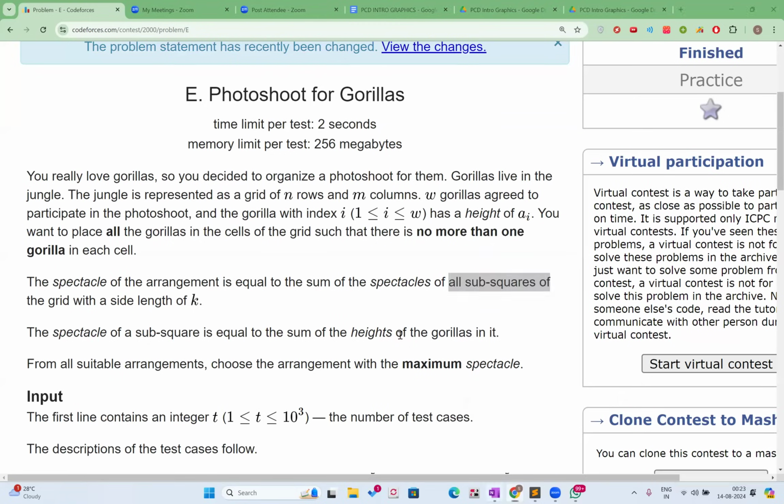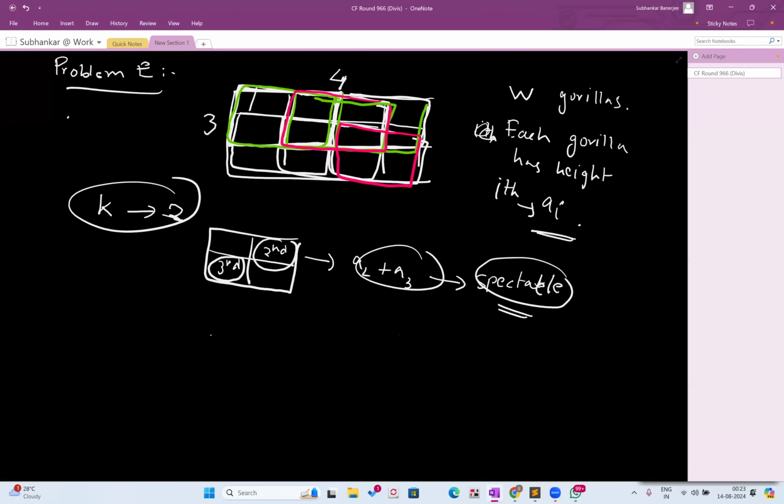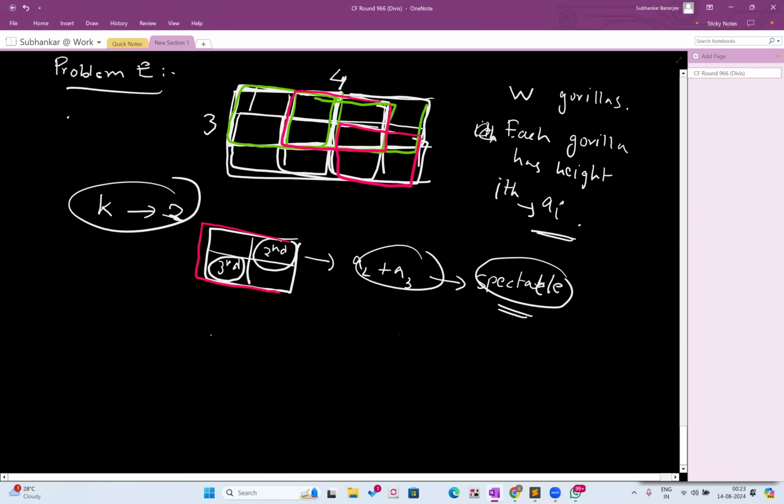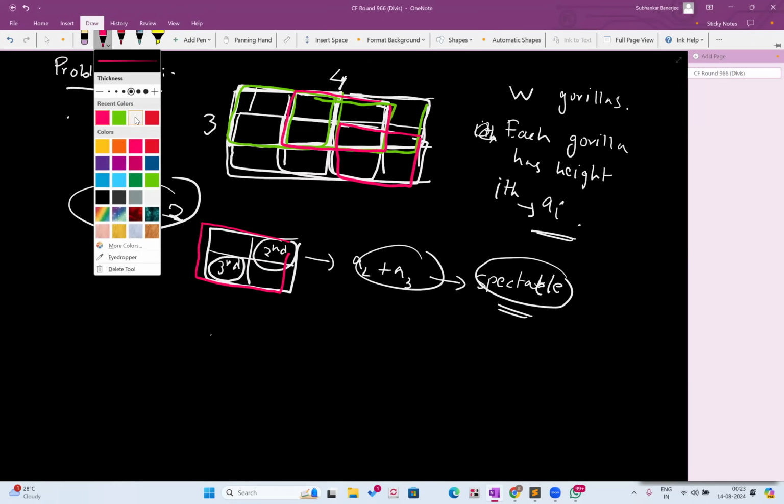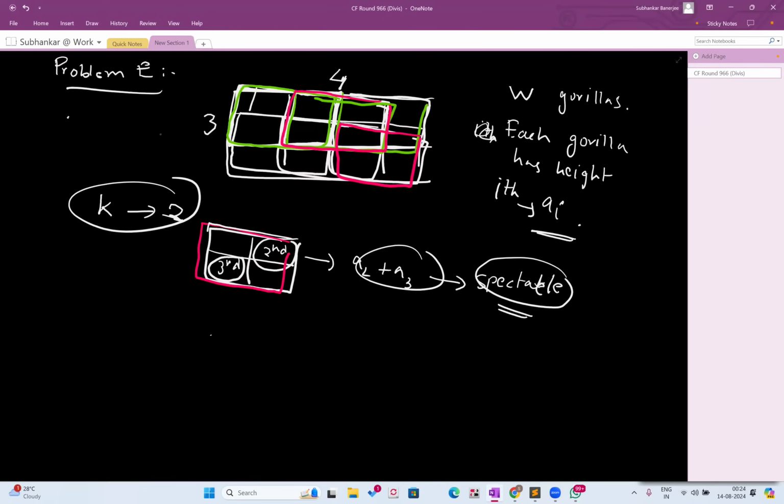For the subsquare, the spectacle value is the sum of the heights of the gorillas present in it.